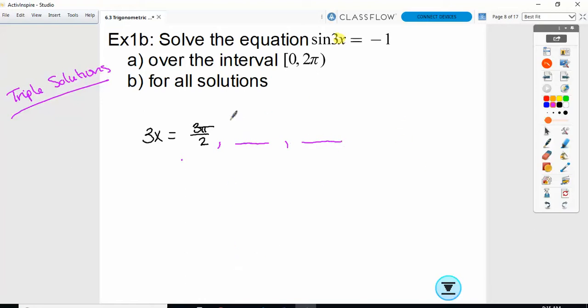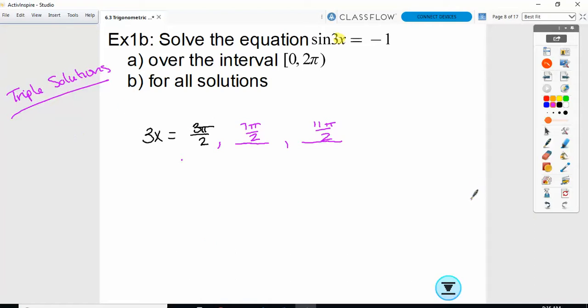So to get those other 2 answers, I want you to add 2 pi. Remember, if you have one that's difficult, you can use your calculator. You just don't put in pi, so you do 3 over 2 plus 2. 2 pi is like 4 pi over 2, so 3 pi over 2 plus 4 pi over 2 is 7 pi over 2, plus 4 pi over 2 is 11 pi over 2.